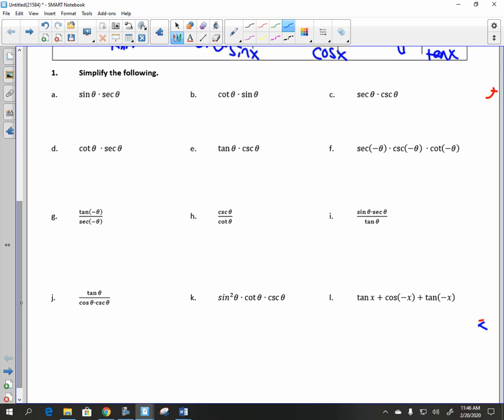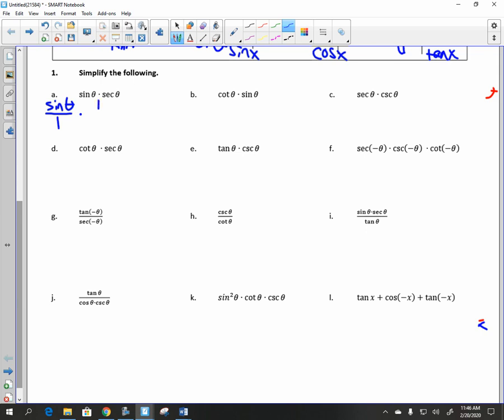Here's the first way that we simplify trigonometric expressions. You write things in terms of sine and cosine. Sine of theta over 1 times, so I have sine times secant. Secant is related to what other function? Cosine. What is the relationship between secant and cosine? They're reciprocals, right?